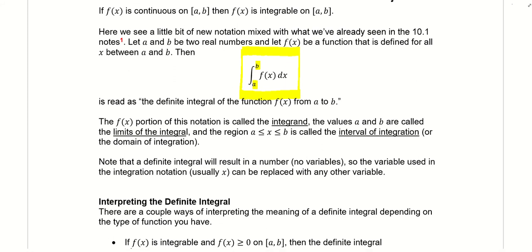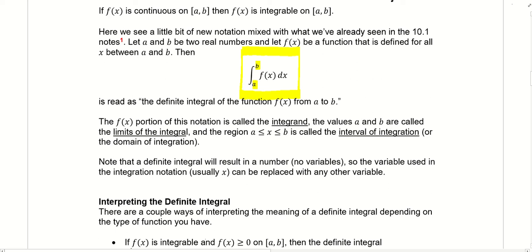Just a couple other things about some phrasings or some definitions involving this particular notation. I've mentioned this word before, but here I'm just putting it as a word in the notes so we see it somewhere. The thing we're integrating, the function we're integrating, is called the integrand.